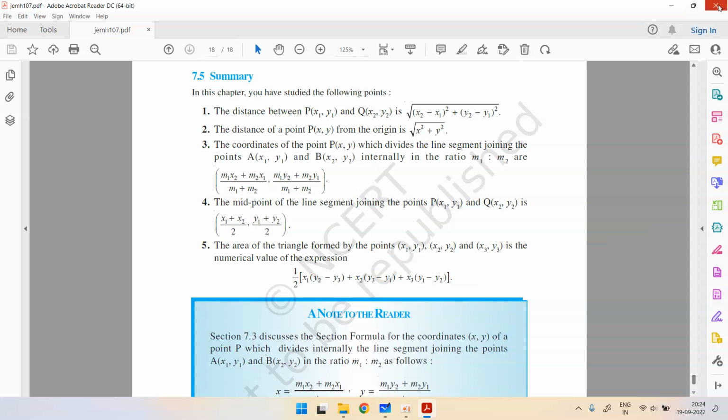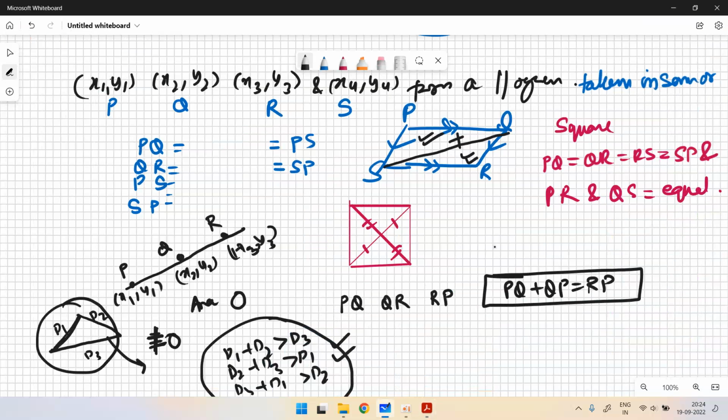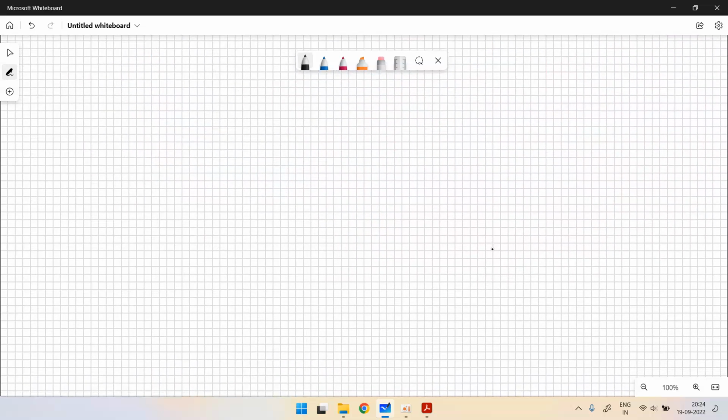And one more thing, though this is not required, but still, suppose there is a point P here with coordinates x1, y1, and since this is a graph, this is x dash, y, this is y dash.